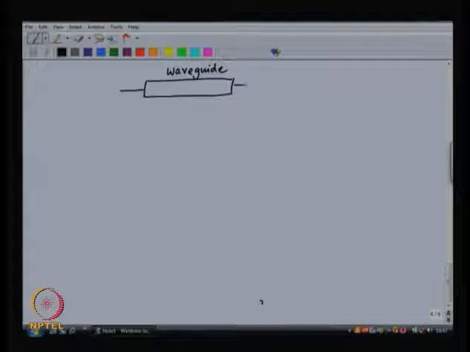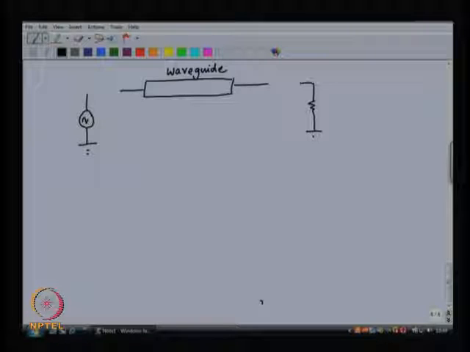If I have a certain waveguide and I want to transmit a certain signal, and I want to receive the same signal, whenever I have a voltage source, I have drawn the transmit as a voltage source. It's really a power source, it's a source of power.